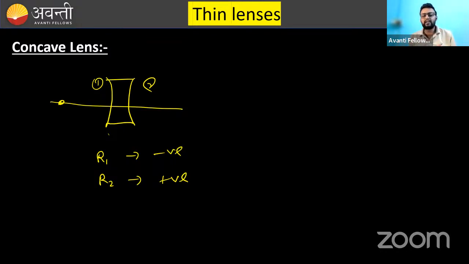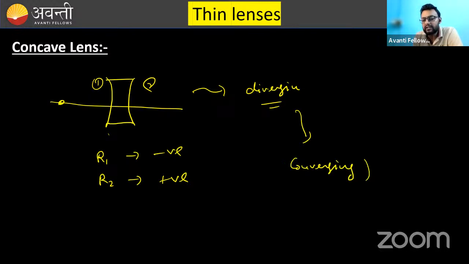Now everything will remain same. This lens is of diverging nature. And if it is of diverging nature, then one thing for sure, that if it is dipped in the denser medium, then it will become converging. When it is immersed in a denser medium.